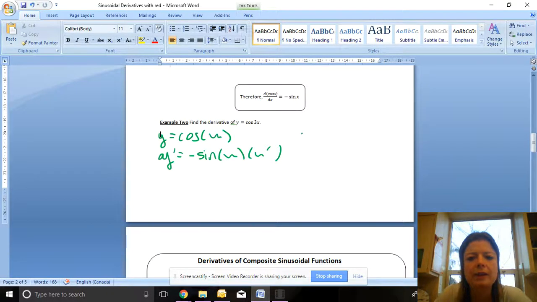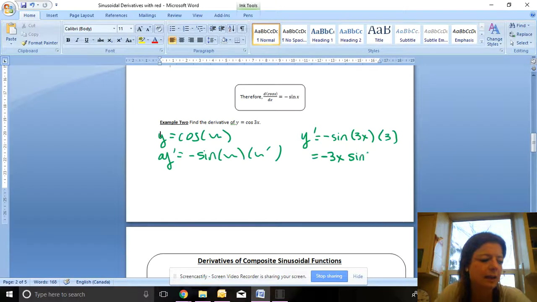So of this, we'll get y prime equals negative sine 3x times 3. So you can bring the 3 out front, so you just get negative 3 sine 3x is how you can write it. Sorry, that x shouldn't be there. There, negative 3 sine 3x. There we go.